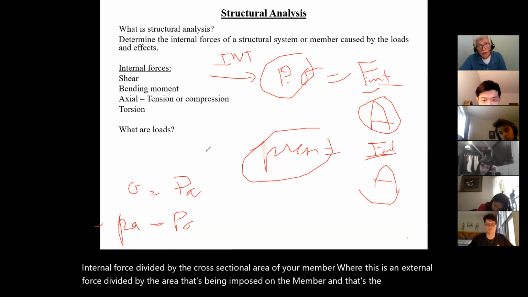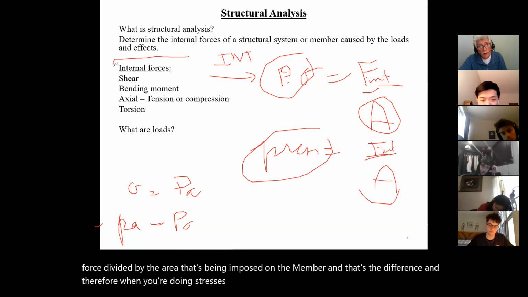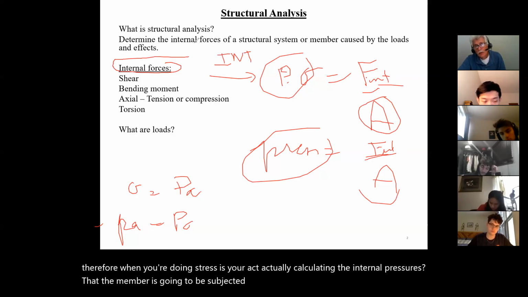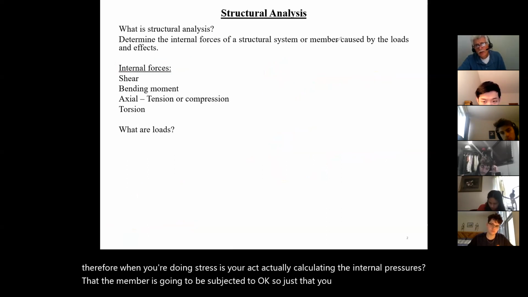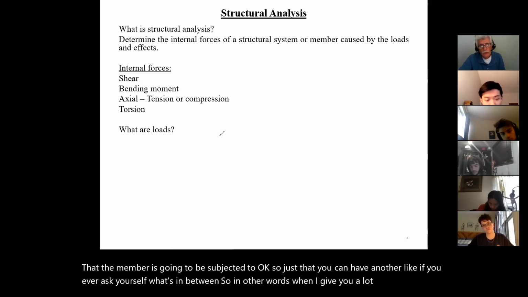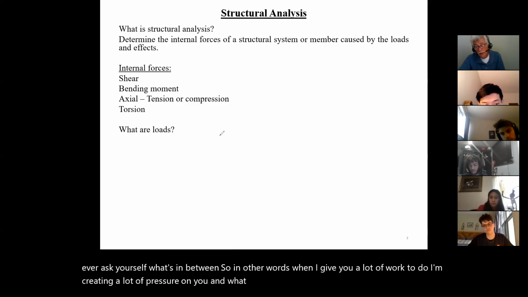Therefore, when you're doing stresses, you're actually calculating the internal pressures that the member is going to be subjected to, okay? So just that you can have an understanding, like if you ever ask yourself, well, what's in between? When I give you a lot of work to do, I'm creating a lot of pressure on you, and what you're feeling inside your body is a lot of stress, basically. That's another way of looking at it, okay?